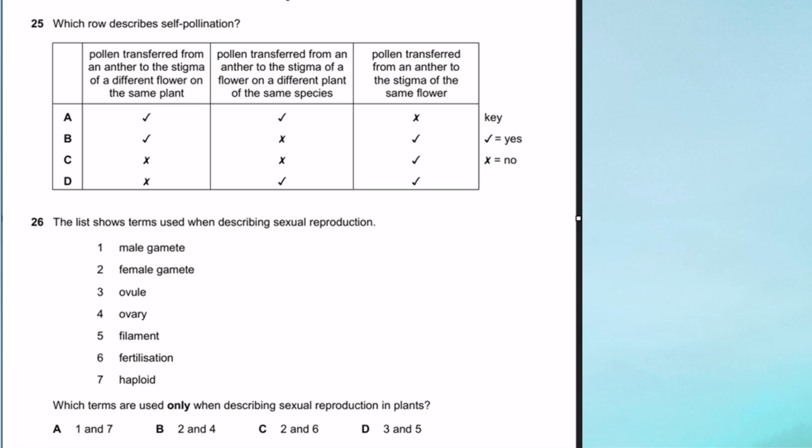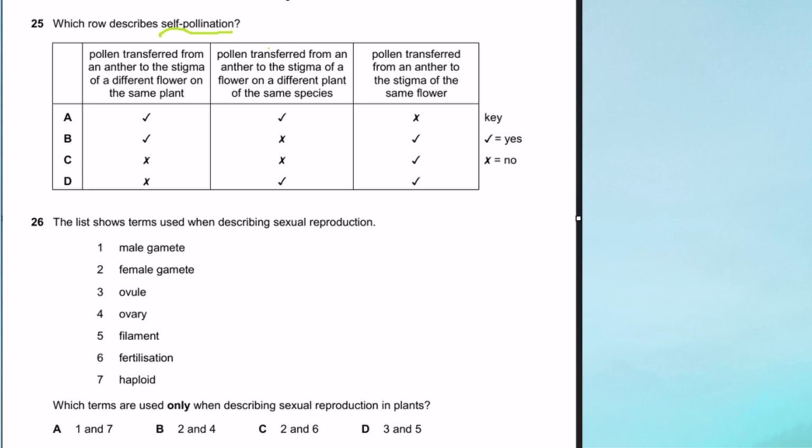So now we're getting to the questions about sexual and asexual reproduction and reproduction in plants. And here we're talking about self-pollination. And we ask which row describes self-pollination. It's important when we get one of these questions, only mark A, B, C, or D. Don't start marking which one in here is true, which I've seen some students do.